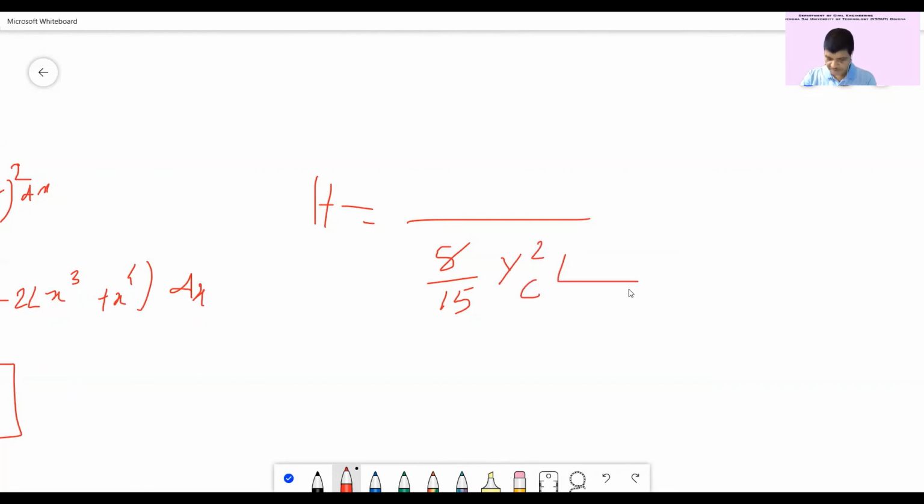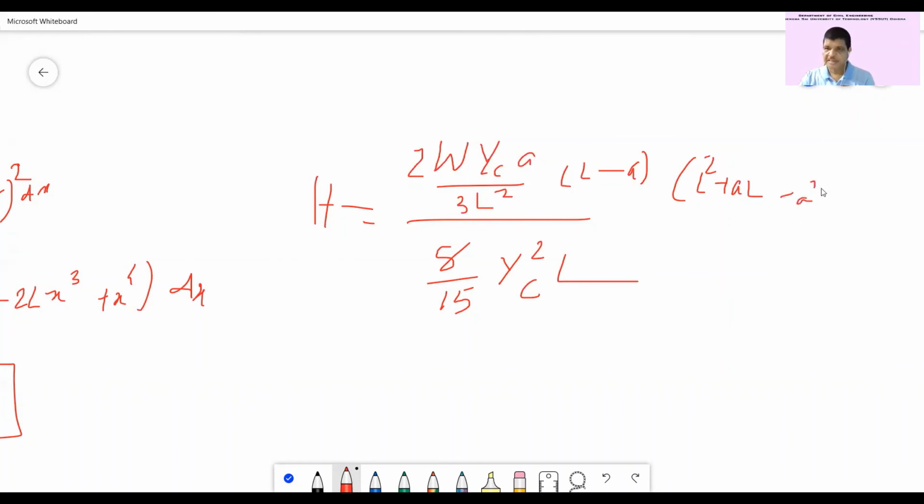On the top we'll have 2wyc into a divided by 3L square, and, as you can see in your notes what we have written, L minus a multiplied by L square plus aL, then minus a square.